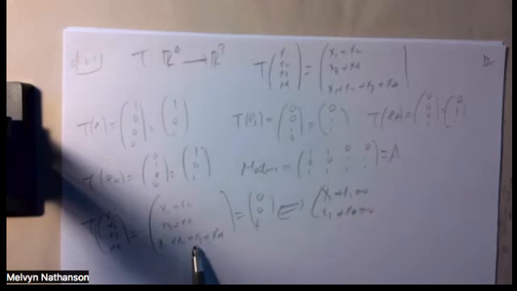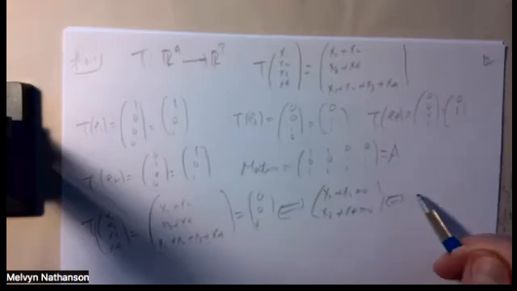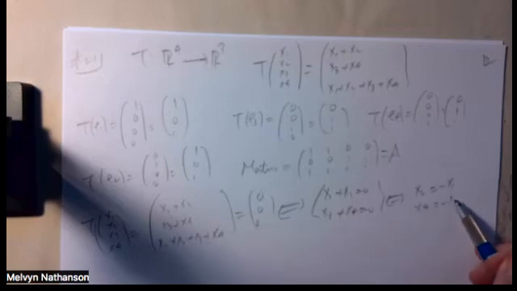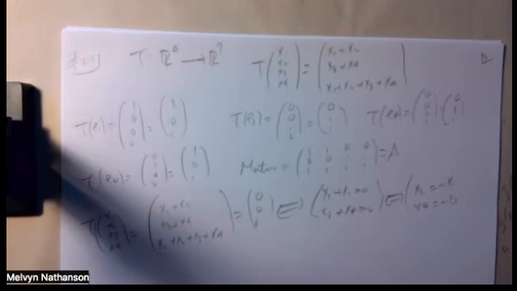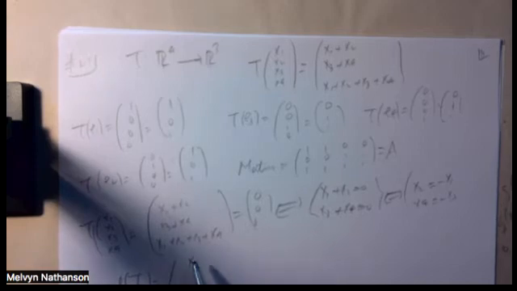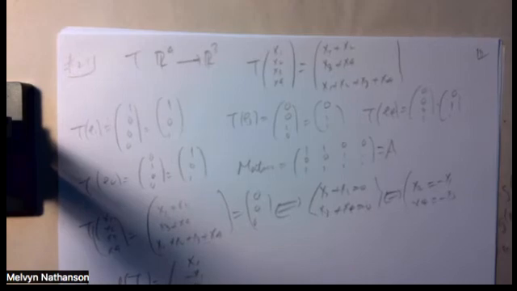And this condition follows from these two. So if and only if x2 is minus x1 and x4 is minus x3. So the kernel of T is all the vectors x1, minus x1, x3, minus x3.